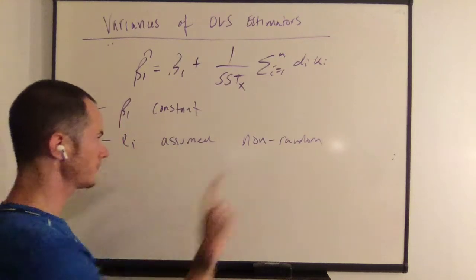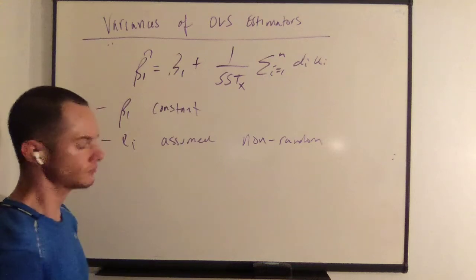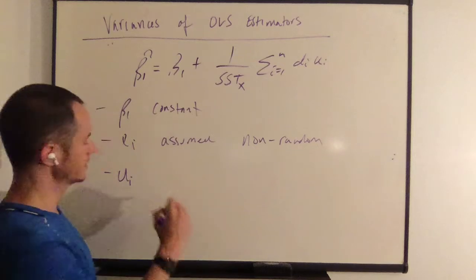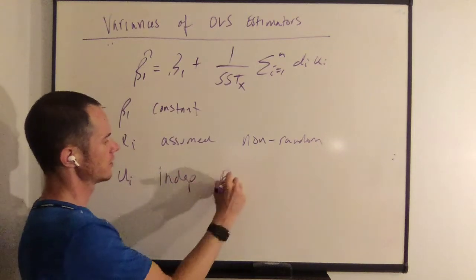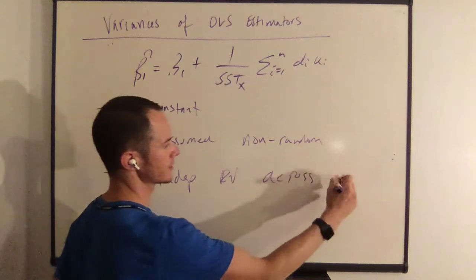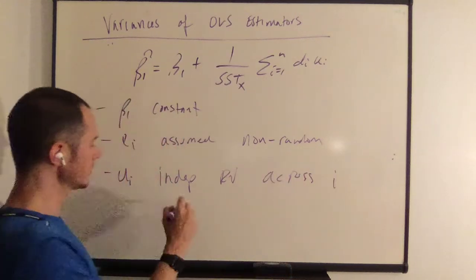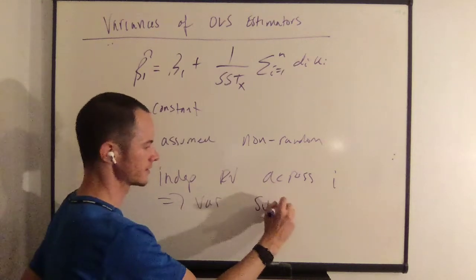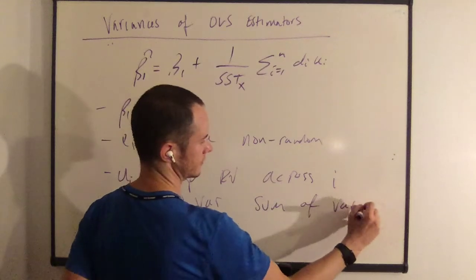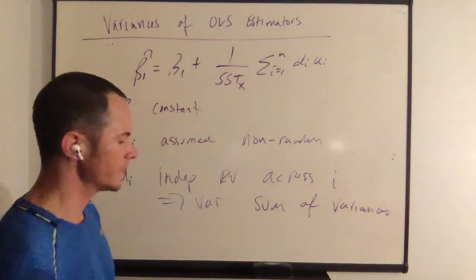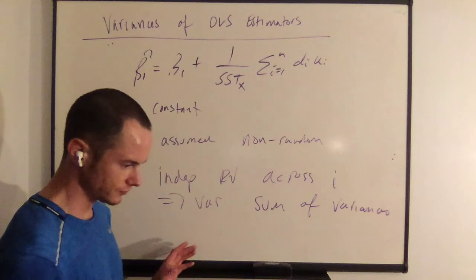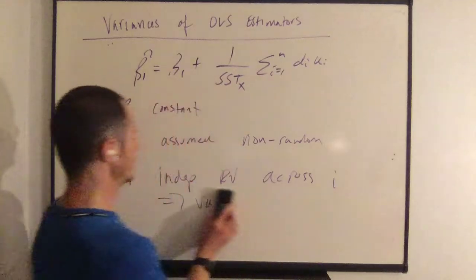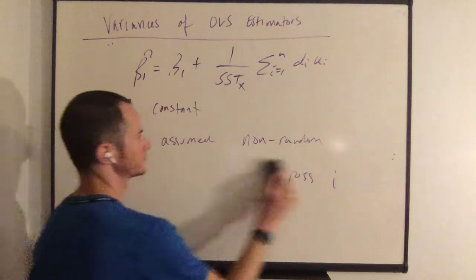So the x_i are assumed non-random. And the u_i are independent random variables across the i. So the variance is the sum of the variances. All right, so the variance of the error is the sum of the variances of the individual random variables.